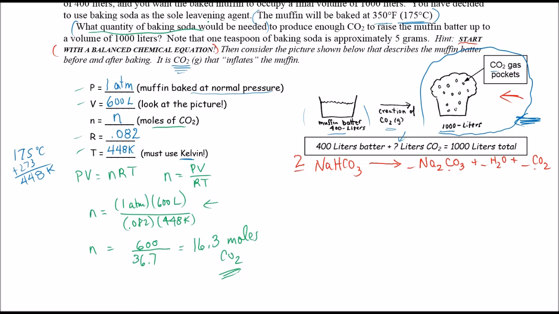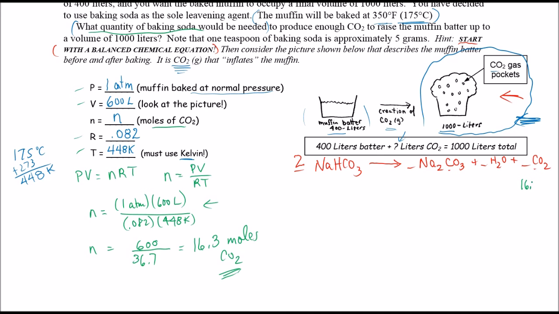Okay, that's not yet an answer to the final question, because I'm looking for what quantity of baking soda would be needed. But I can now put that with my balanced equation. So let me do that. 16.3 moles of CO2 corresponds to, I don't know how many moles of baking soda, but I can easily calculate that.